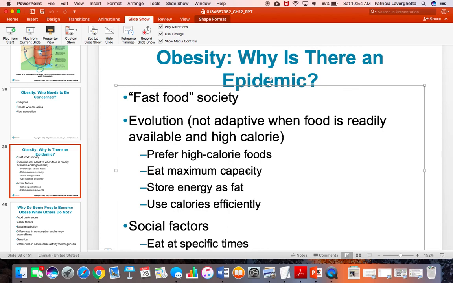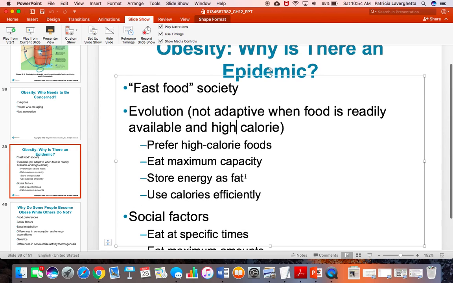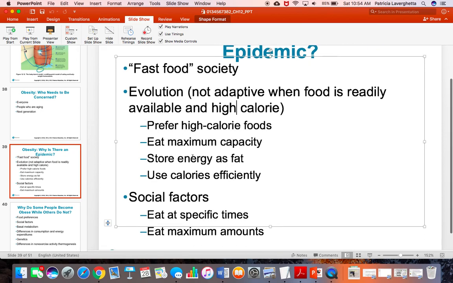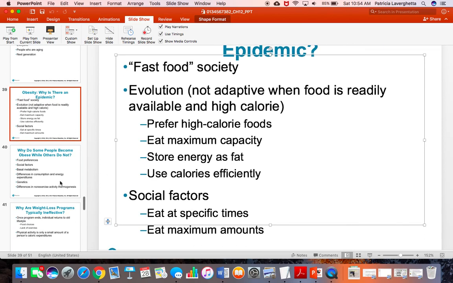For example, we eat as much as we possibly can, we store it as fat, and then we use the calories efficiently. The thing about this is, if you're going to eat like this, you've got to burn a lot of energy. So if you're an athlete, this isn't as much of a problem. But if you lead a sedentary lifestyle, then this is not the way to go. The notion is that our brains are lagging behind our behavior, so to speak, and it's kind of a strange notion. I don't know if I believe that, but that's what the evolutionary psychology perspective has to say, I guess.